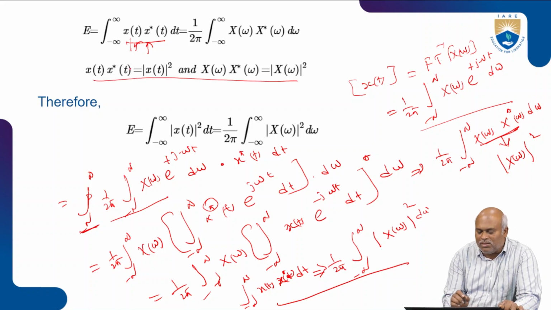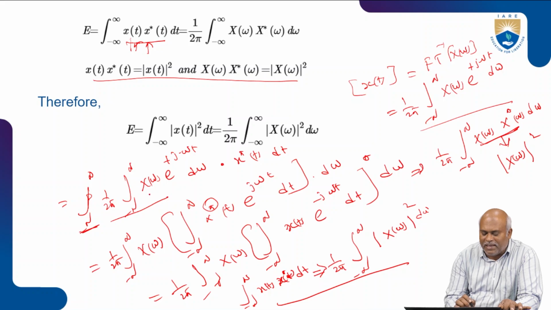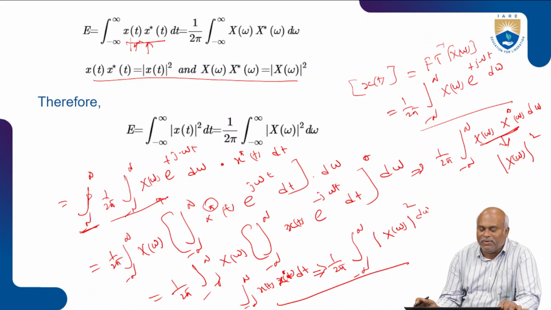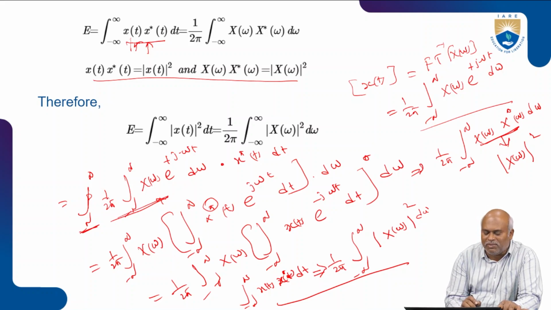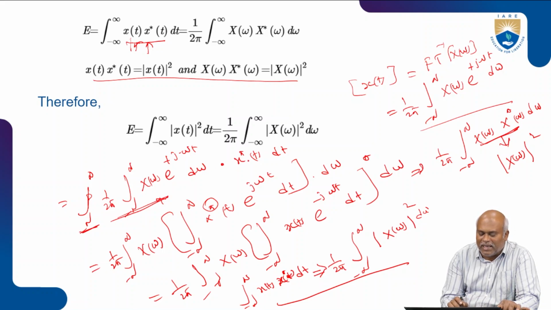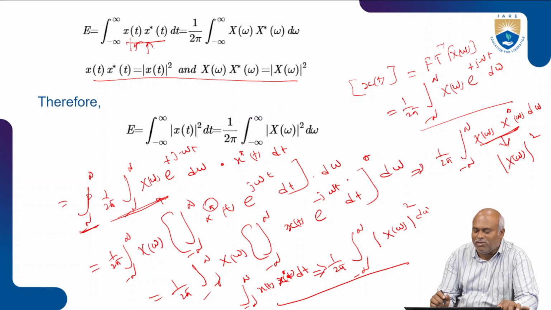So instead of x of t, here I substituted the inverse Fourier transform of x of t. Then I take out the common terms, that is 1 by 2 pi integration of x of omega. I put this x star of t into e power plus j omega t dt. Then I take out the star.